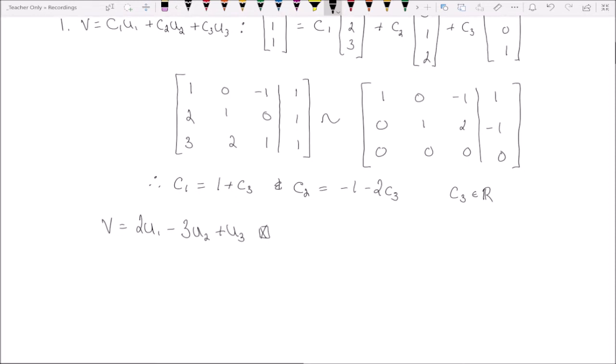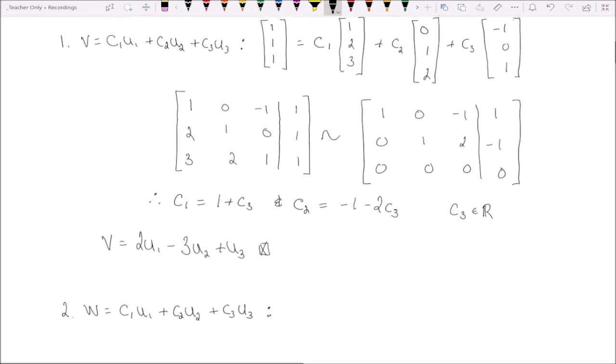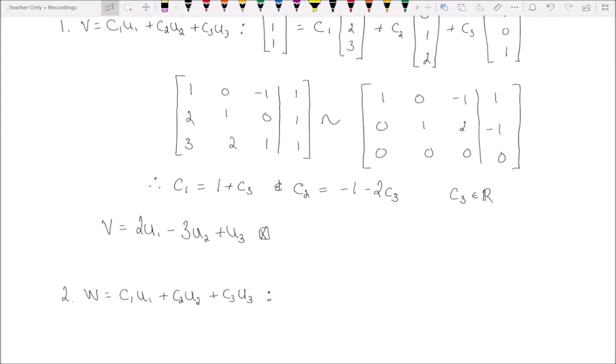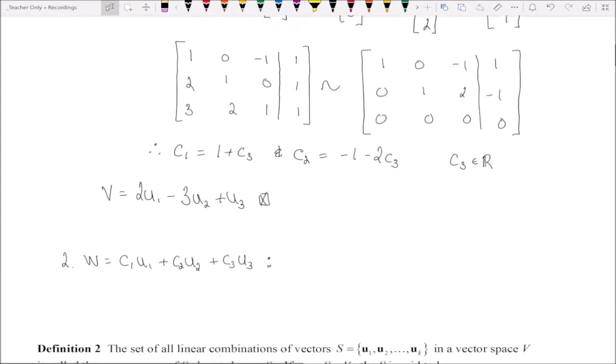Now for w, we want to play the same game. We want to write w as some constant times u1 plus some constant times u2 plus some constant times u3. To set this up, we take each vector in S and write it as a column of our augmented matrix. The first column is 1, 2, 3, the second column is 0, 1, 2, the third is -1, 0, 1.